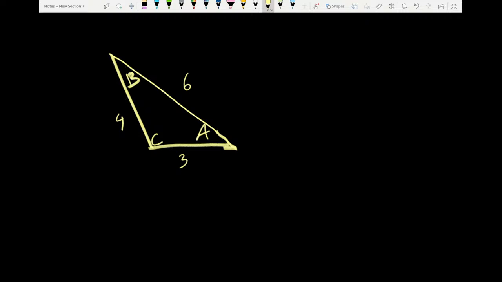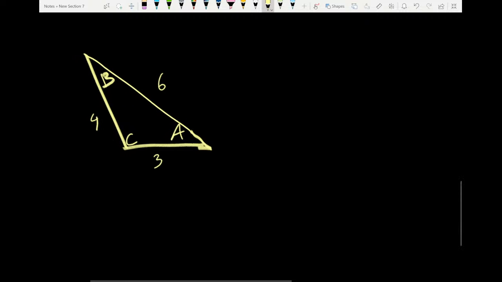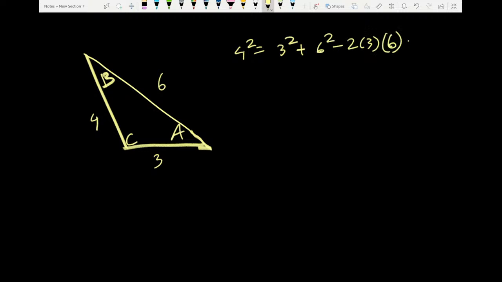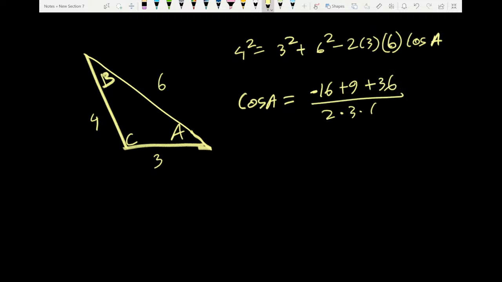Let's do A. So 4 squared equals 3 squared plus 6 squared minus 2 times 3 times 6 cosine of A. So cosine of A would equal 16 minus 9 minus 36 over minus 2 times 3 times 6.